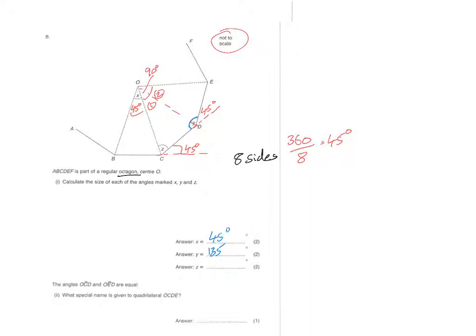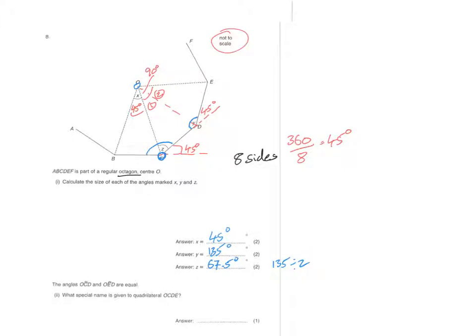And Z, if you remember, any line going from a vertex, a corner, to the centre bisects or cuts in half our interior angle. So Z must be 135 divided by 2, which is 67.5 degrees.